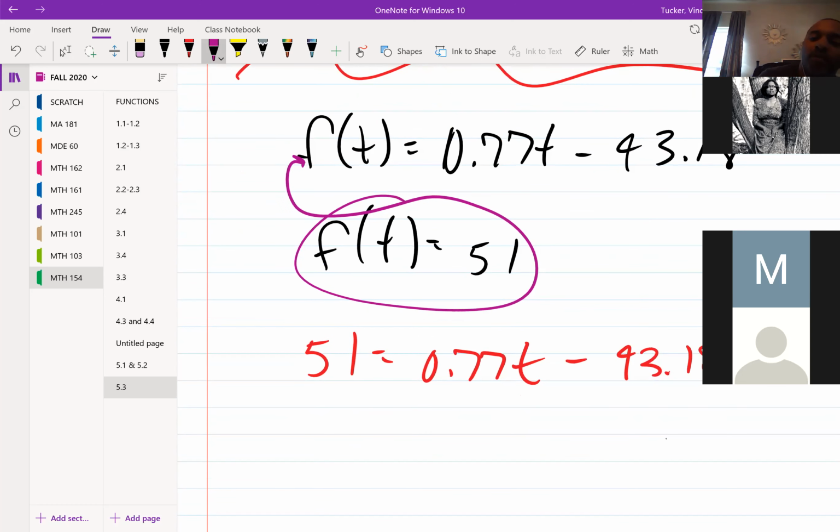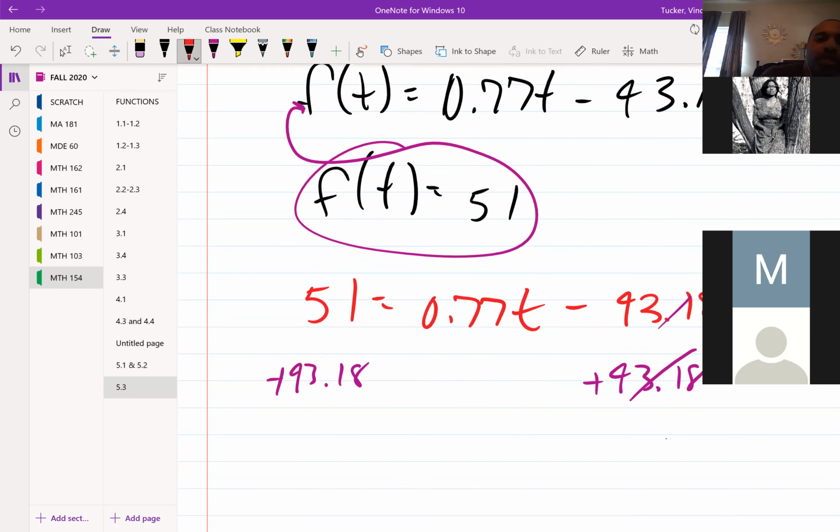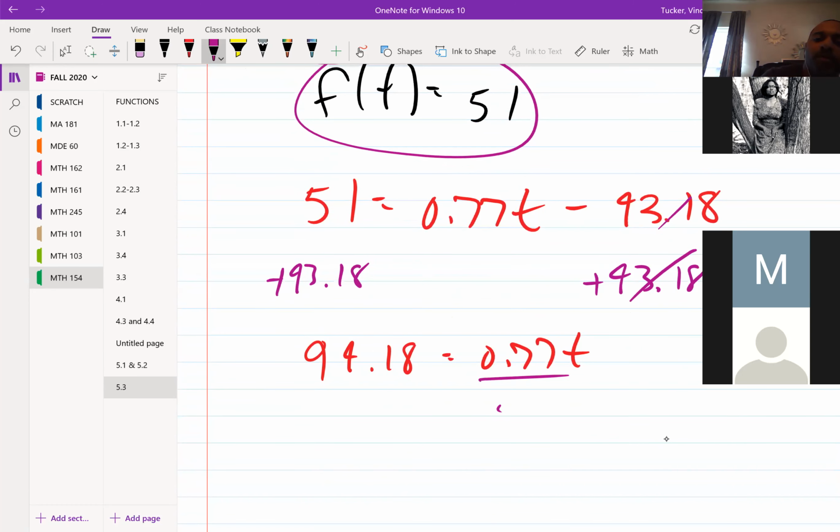So we'll add 43.18 to both sides. Cancel. That'll be 94.18 equal to 0.77T. Then divide by 0.77. They cancel.